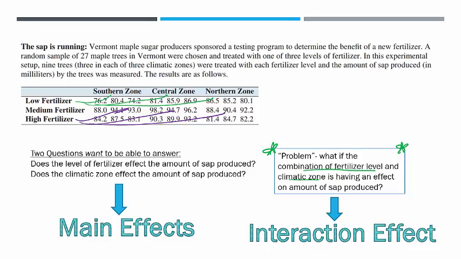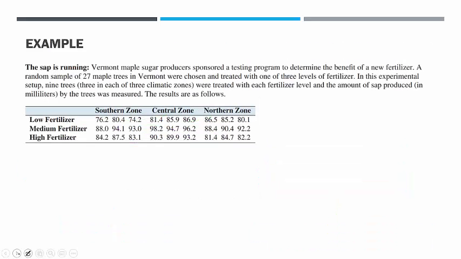If the level of each factor produces means in different ways across the levels of the other factor, then we have an interaction effect. If there's a significant interaction between the levels of the two factors, then we really shouldn't separate them. We need to look at this as a whole instead of separating the two factors out.